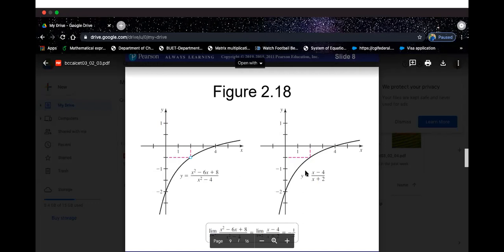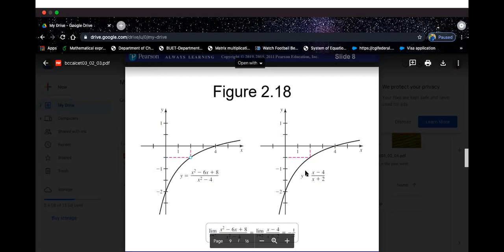That's why there is a hole, because at 2 the function becomes undefined, so we don't have a defined value for 2. Otherwise, the function is defined everywhere else.